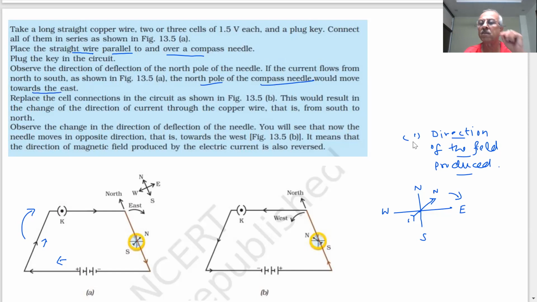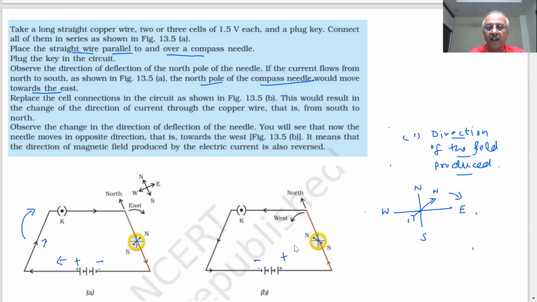Now what do I do? I reverse the connections. This is positive and this is minus of the battery. I reverse it: I make this minus and this plus. What will happen now? If I change it, the direction of the current is reversed.